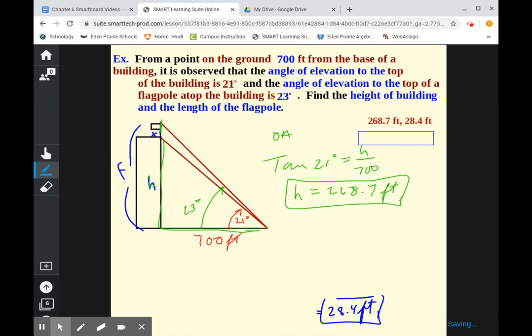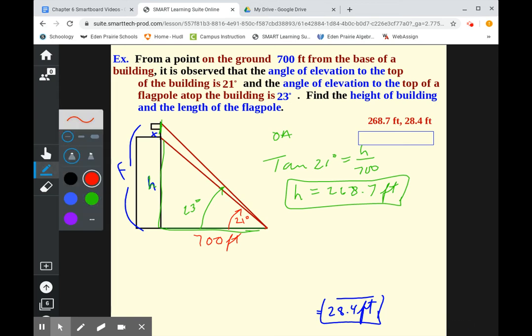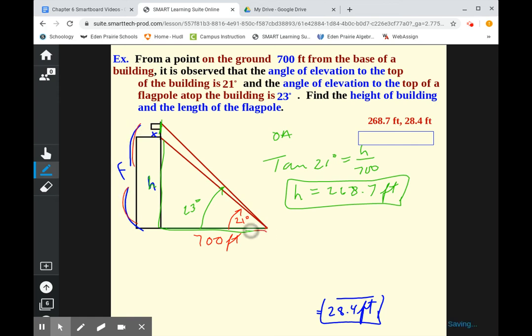If I want to now find the F, I'm calling it F, I would use, again, opposite and adjacent, because this F is opposite and the 700 is adjacent. That's tangent. So tangent of 23 degrees now, so the top of the flagpole, equals F over 700.